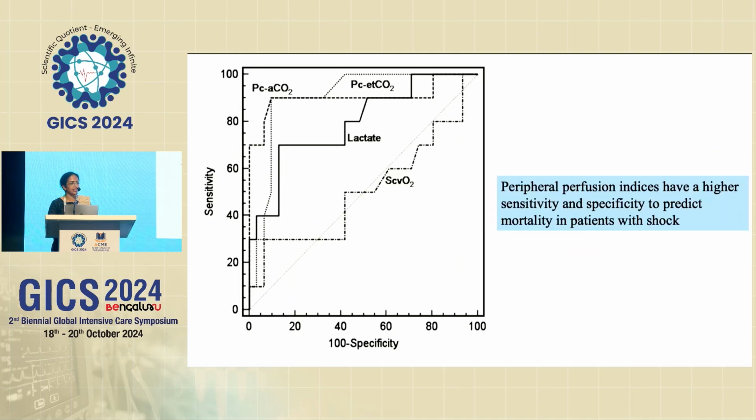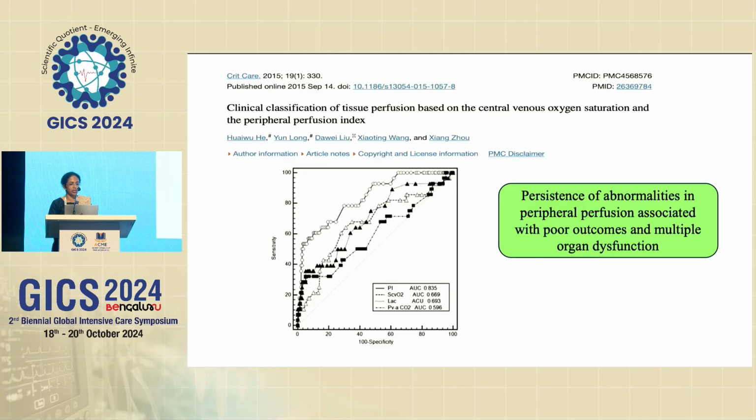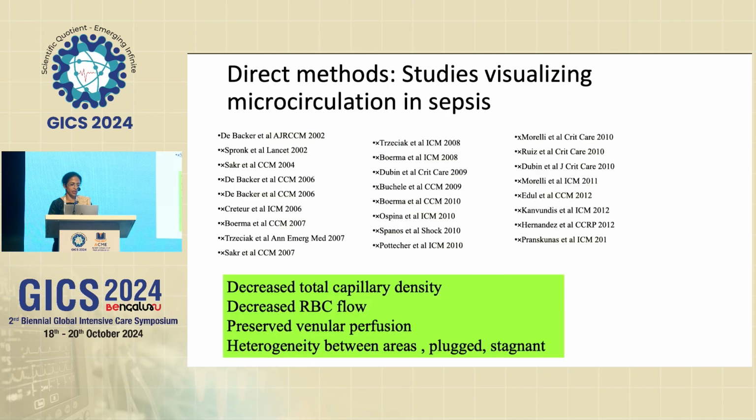Peripheral perfusion indices have a higher sensitivity and specificity to predict mortality in shock patients. Tissue perfusion variables are better than global variables for predicting mortality, and the persistence of the abnormality in spite of reaching your goals of macrocirculation has been shown to have poor outcomes and organ dysfunctions.